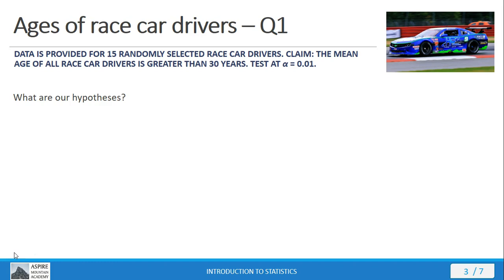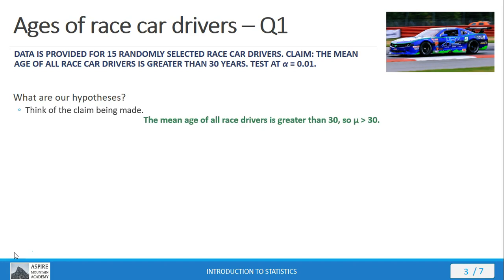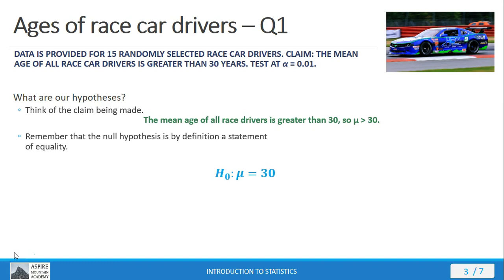Okay, let's see how well you did with this. First, we're going to think about the claim that's being made. Here the claim is that the mean age of all the race car drivers is greater than 30. So there's our claim value, greater than 30. The null hypothesis, as always, is going to be a statement of equality. So we're going to write that out like so.